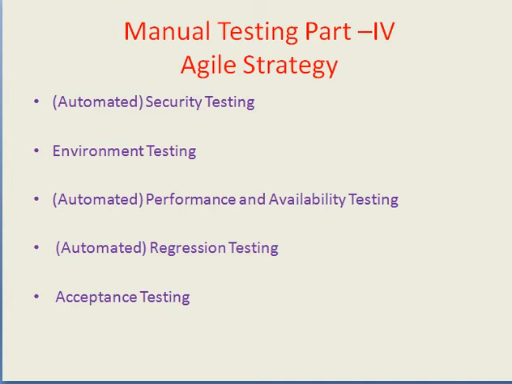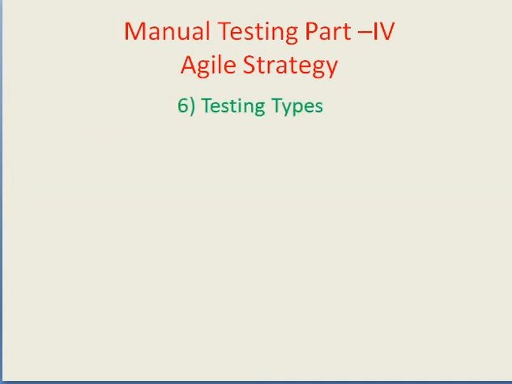So each of the testing types in scope can be described in the test strategy. Now the next section is the test design strategy. In the test design strategy, you can specify what test design techniques can be used.